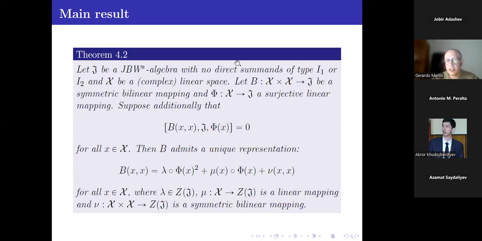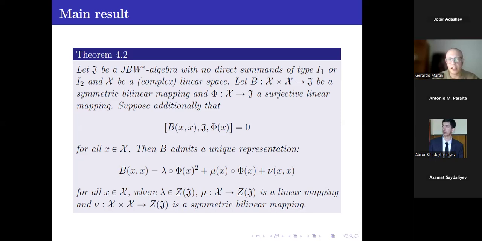When we have a GBW star algebra without summands of type I1 or I2, and X is a complex linear space, considering the two maps, a symmetric bilinear map B from the complex linear space to the GBW star algebra, and a surjective map phi from X to J. If we suppose additionally that the trace of B and the map phi operator commute for the same element in X, then B admits a unique representation, very similar to the ones we obtained in the previous bijective case: B of x can be written in this form, where lambda is a central element of J, mu is a linear mapping, and V is a symmetric bilinear mapping.